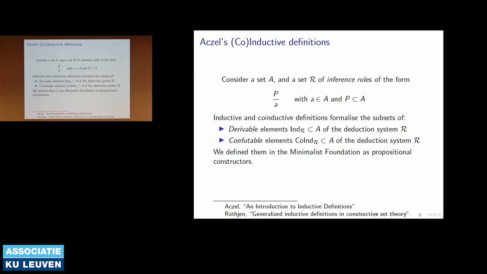Then I have a vague suggestion and guess, but I'm not an expert. For many years, I didn't look at topology. It looks to me that the inductive definition is based on the minimal fixed point, and the co-inductive on the maximal fixed point.